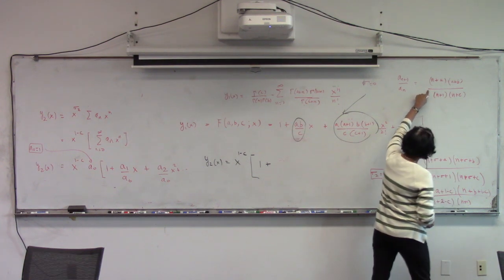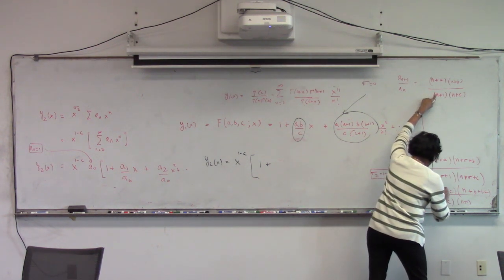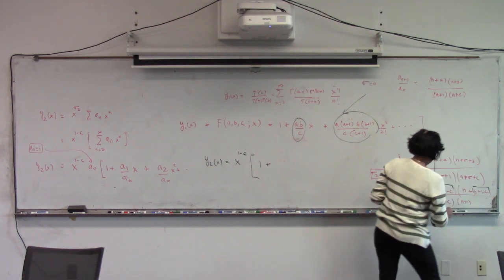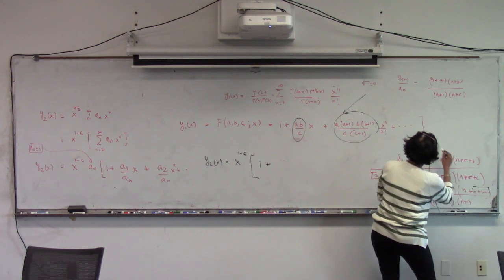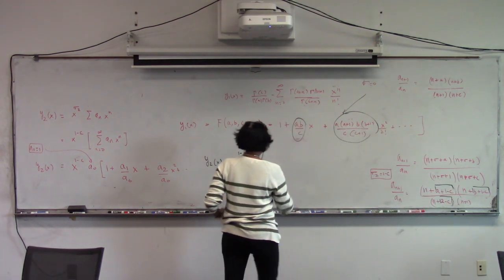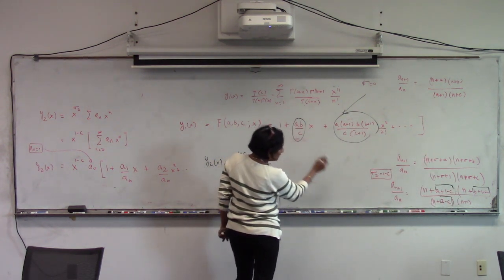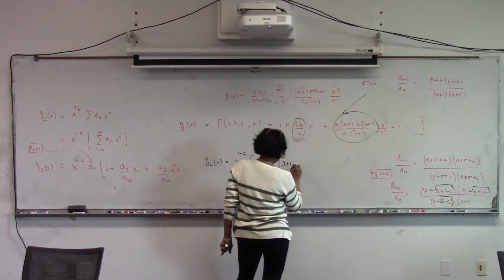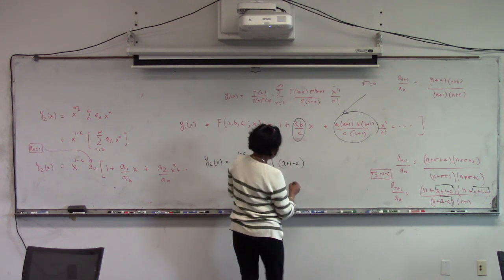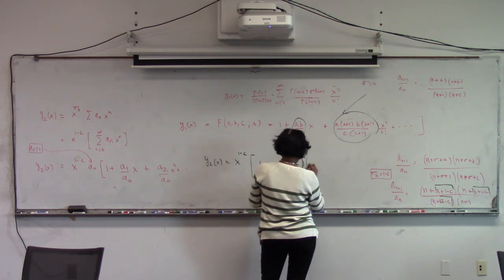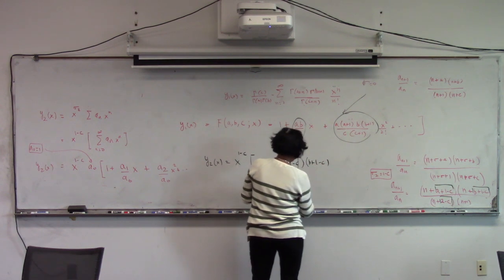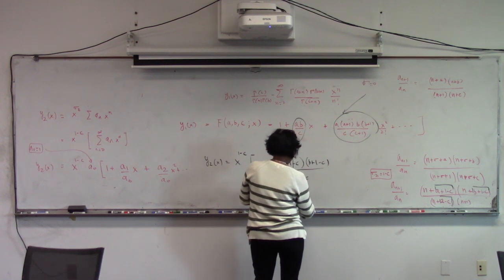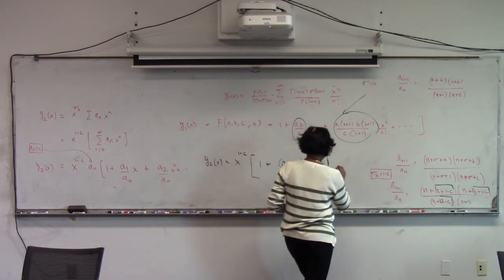I have n plus a. a has become a plus 1 minus c. b has become b plus 1 minus c. c has become 2 minus c. So if I replaced everywhere, this is what you should get if you did the full calculation too. a plus 1 minus c, b is this, c is 2 minus c, and x.